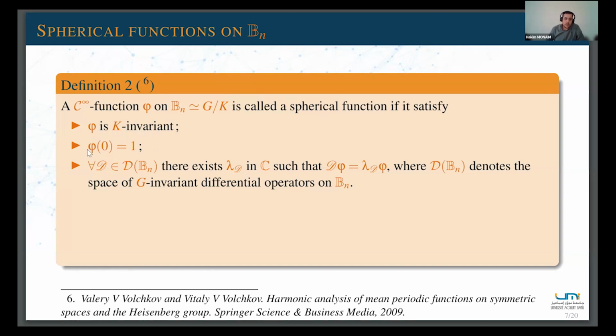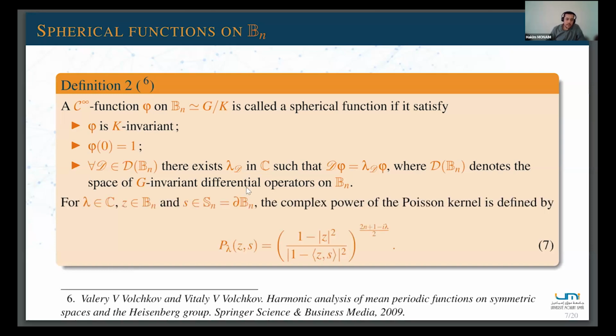It is K-invariant, and phi of 0 is 1, and there exists a lambda in C such that phi is an eigenfunction of the G-invariant differential operator on the unit ball B^n. For every lambda in C and z in the unit ball, and s in the sphere S^n, the complex power of the Poisson kernel is defined by P_lambda(z,s) with this value. This definition is in this book.